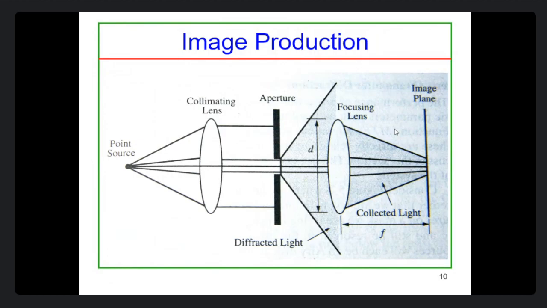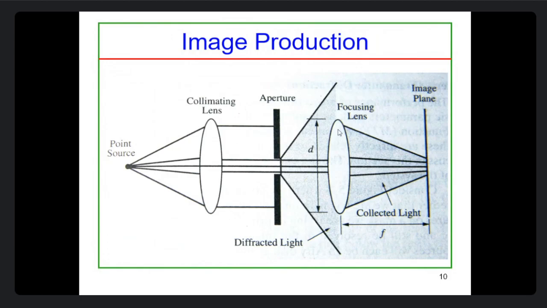Now here probably you can observe two dimensions. One is this f, the focal distance, the distance between the focal point and the image plane, that means where you are placing that image plane, in our case the PR coated wafer. And this d is, roughly or loosely speaking, the size of the lens.